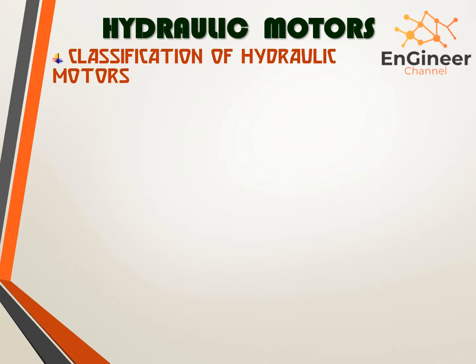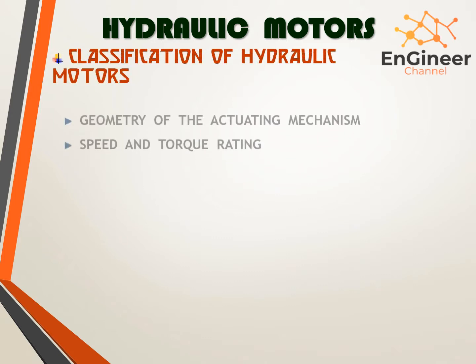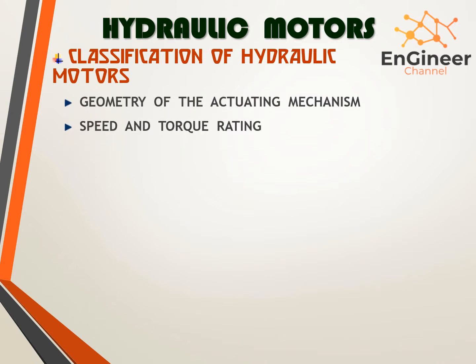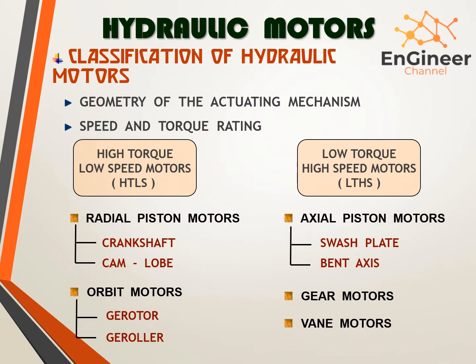So let's discover again another thing: the classification of hydraulic motors. We have the geometry of the actuating mechanism and the speed and torque of the rating. We have two types.